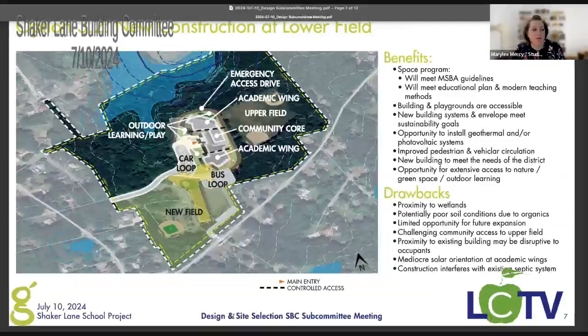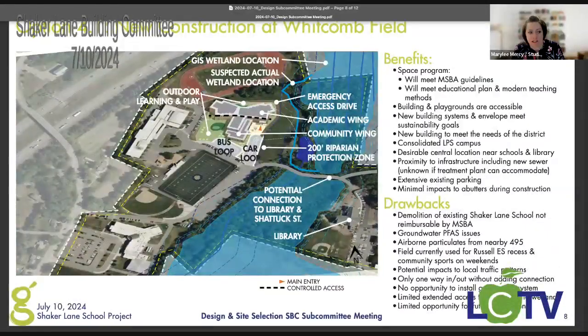Well, if you're comparing option 3.1 and 3.2, the amount that the MSBA, like their reimbursement rate, is going to be the same for both of these options, more or less. It's really when you get into a major move like shifting it off the site, where now you have a building that the MSBA does not consider reimbursable, that's where that type of information is really going to make a difference.